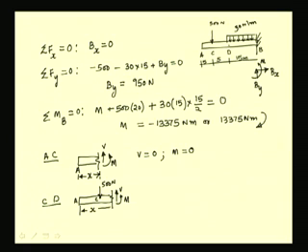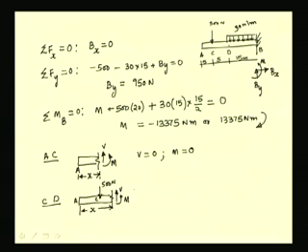Let us consider this section at a distance of x from A between C and D. For the equilibrium of this section, again we write the force summation and moment summation and equate it to 0.